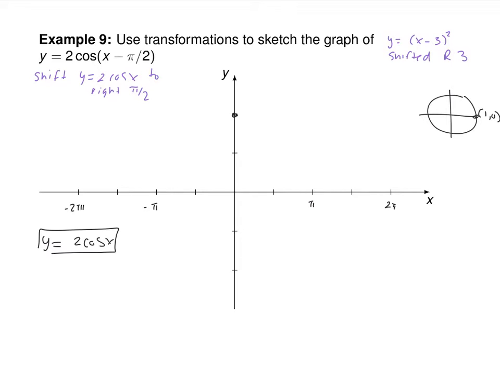Yep. Okay, by pi halves you cross. By pi you're at negative 2.